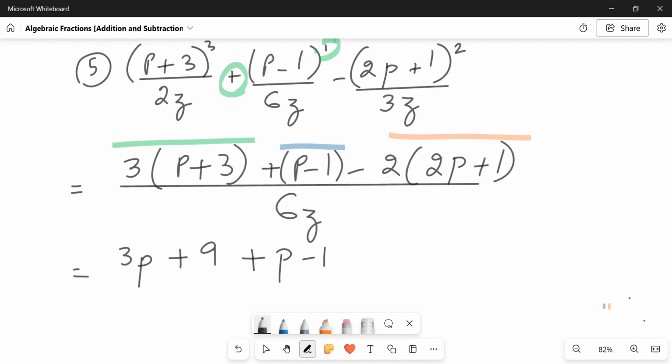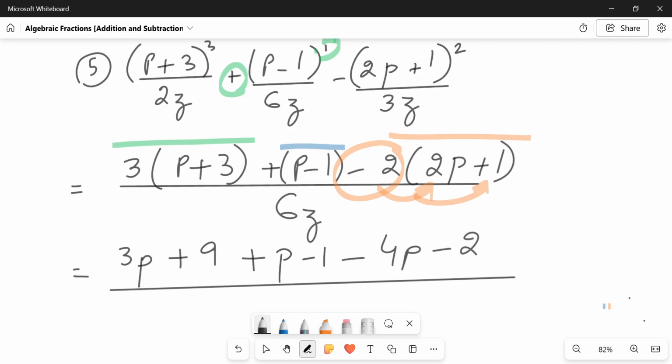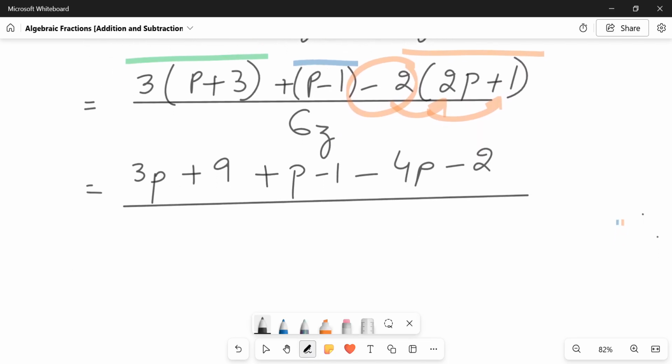So this minus 2 is going to be multiplied term by term, right? So the answer is minus 4p minus, because minus times plus is minus. Before the bracket is a negative sign, so the inside signs will be reversed. Minus times plus is minus, and 2 times 1 gives you 2. Understood? Okay, and then 6z.